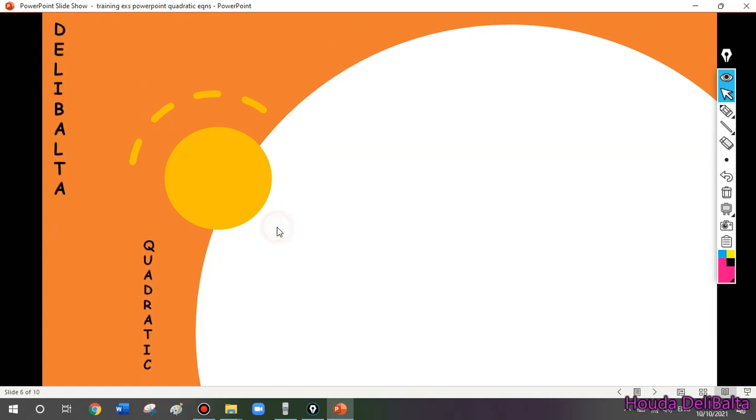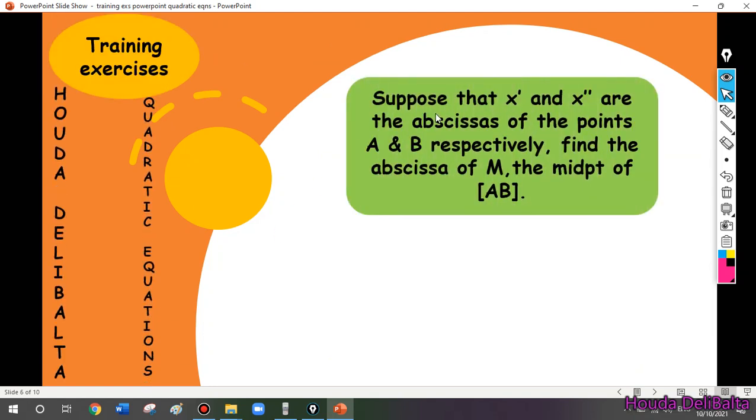In this slide, we suppose that x prime and x double prime, the roots of the previous equation, are the abscissas of the points A and B respectively. So as if we have 2 points, A is of abscissa x prime along the x-axis, for example, and B is of abscissa x double prime.